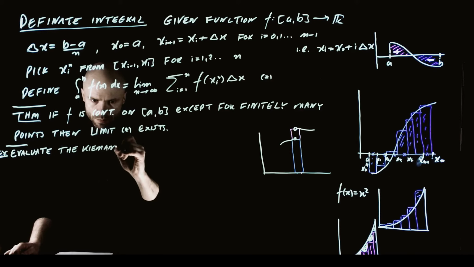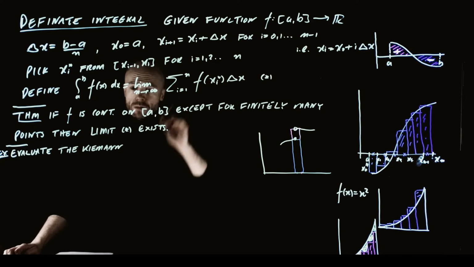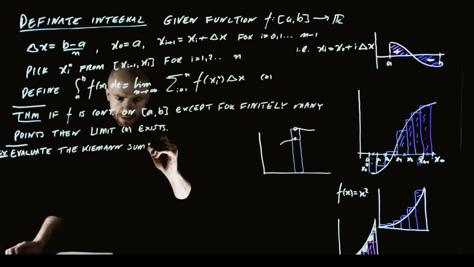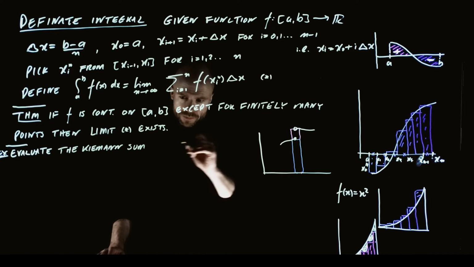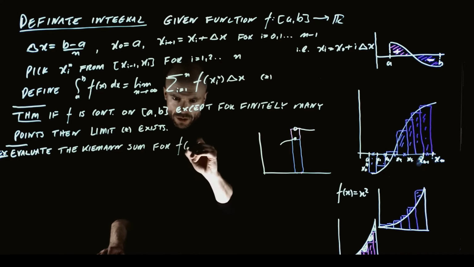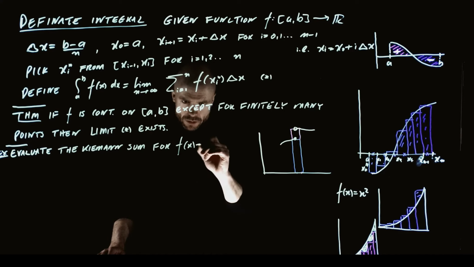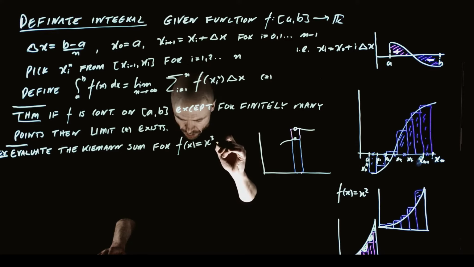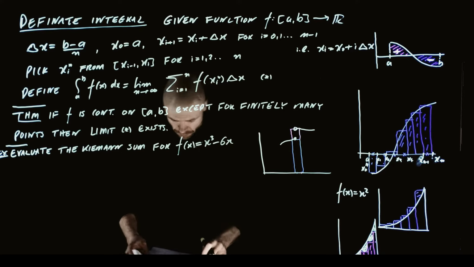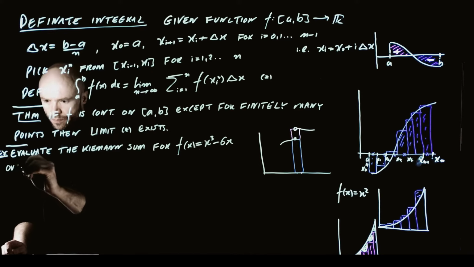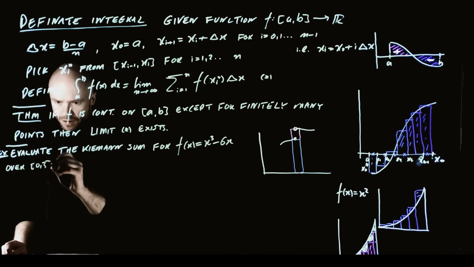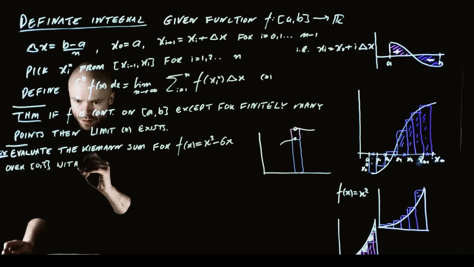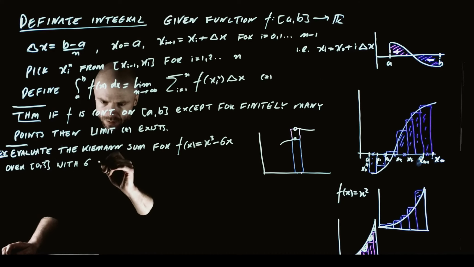What I didn't say, though I should have said, is that this thing is called the Riemann sum. For the function f of x equals x to the 3 minus 6x over 0 to 3 with 6 subintervals.